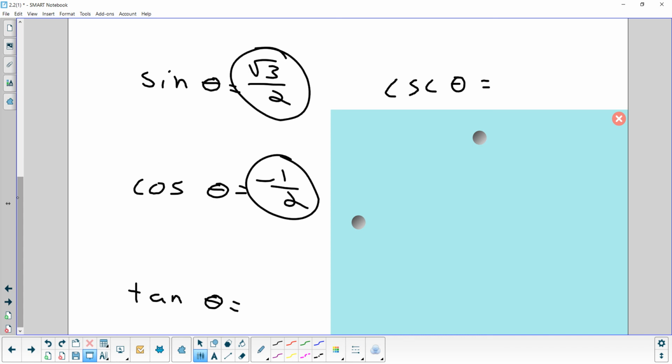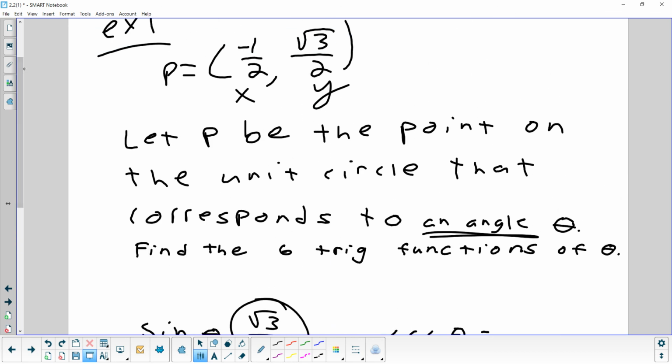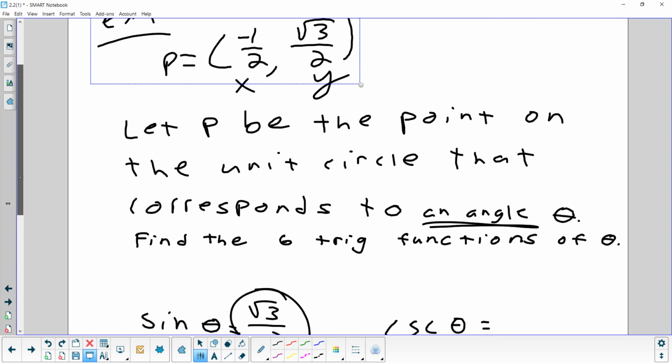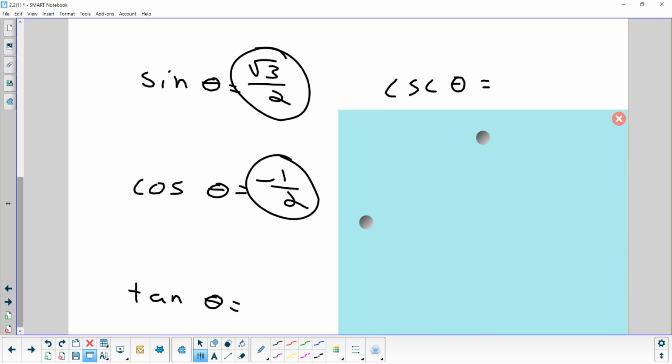I just want the general formula. Yeah, Pete? Y over X. All right, so we got y over x. So we're going to look at y over x: square root of 3 over 2 divided by -1/2.